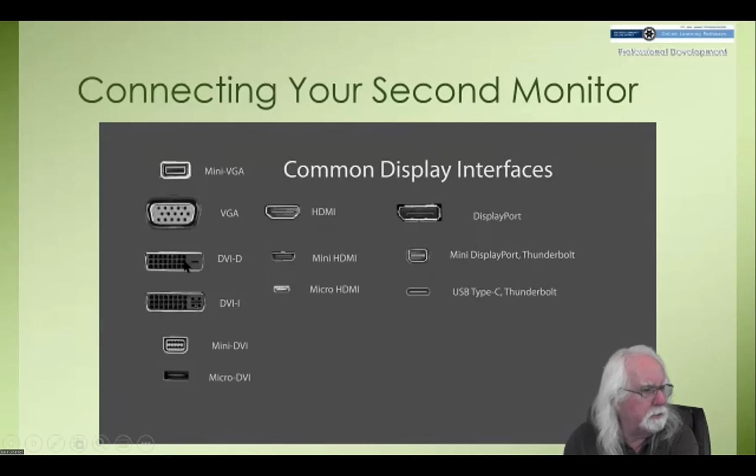Another one is the so-called DVI, or digital video interface. You'll see this on some older desktop computers and on the backs of some older monitors. And most of my monitors are old enough to have one of these on it. You want to be sure that you get the DVI-D cable and not the DVI-I here, which is actually an old analog interface.